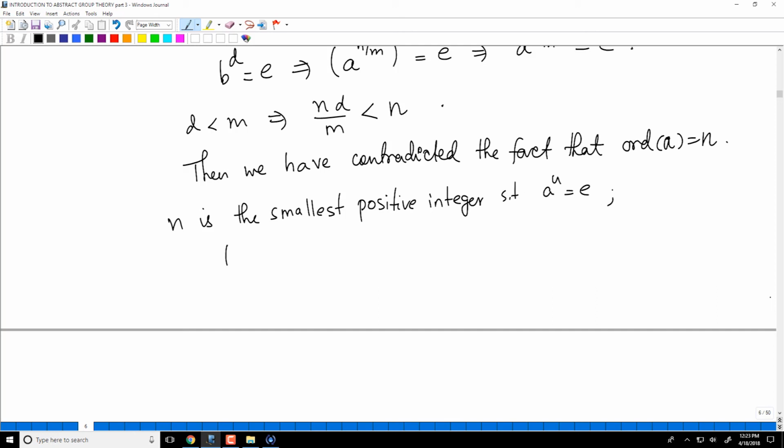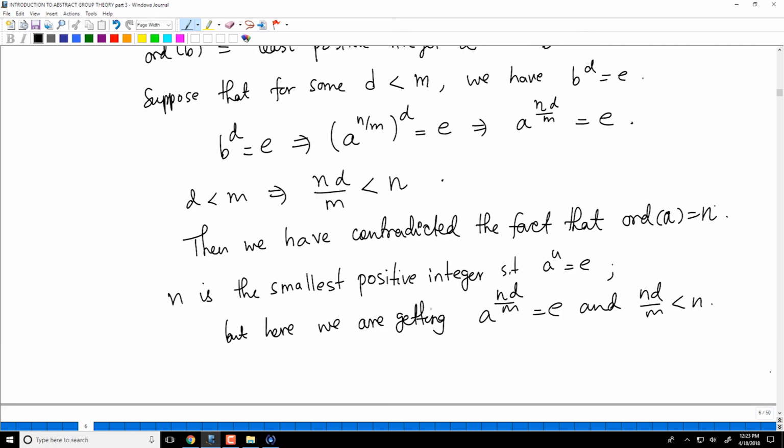But here we are getting A power n d by m is E and n d by m is less than n.